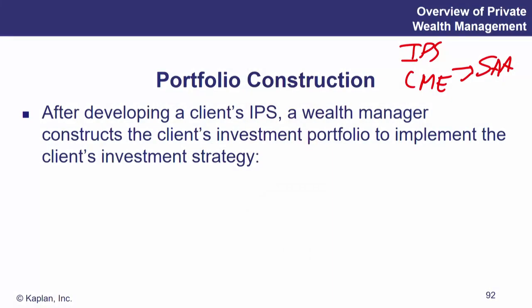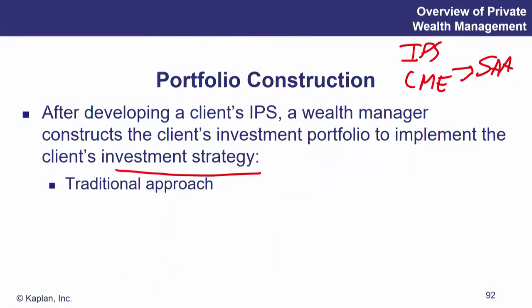Okay, so after developing the IPS, now we've got to construct this portfolio, and we're going to have to figure out how we're going to do it. Now, I love the information that the CFA brings in this section. So there's the traditional approach. This is what you're really hammered on in Level 1 and Level 2. I'm a finance professor, and this is pretty much our finance department.